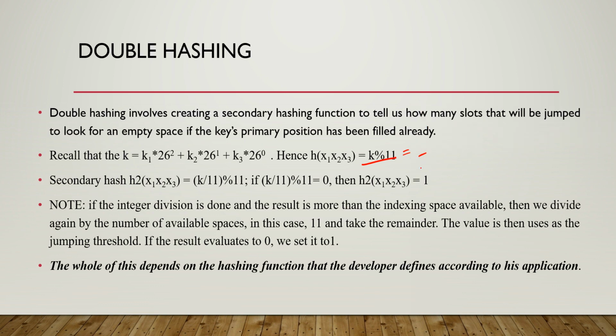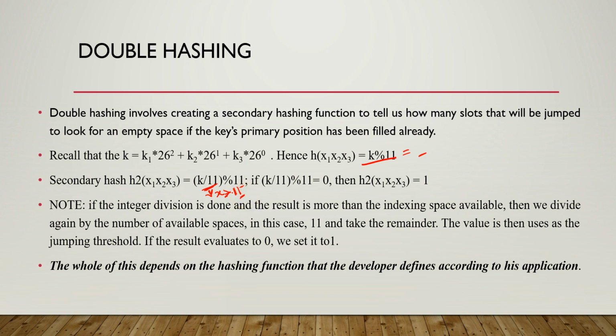Okay, now in the secondary hash function, instead of doing the modulus division, we are going to do the integer division. Now, whatever the value here is what you use to see if you can place it. When the value here, let's call it x, is greater than 11, which is the available space that you have, it means that you're also going to do a modulus division upon that.